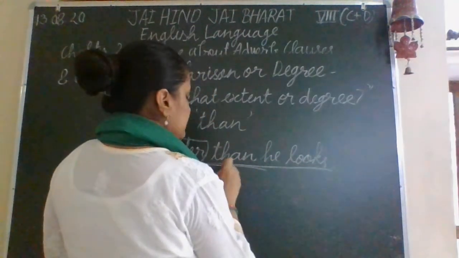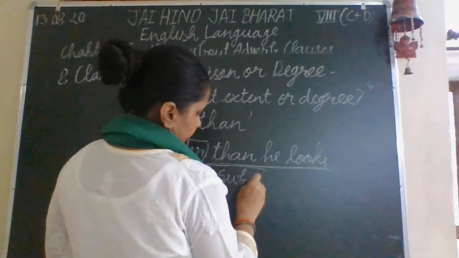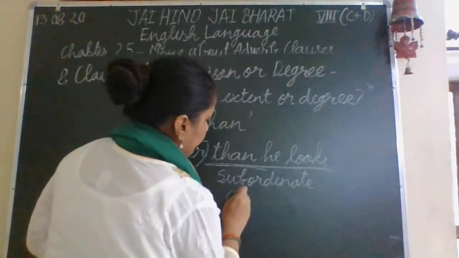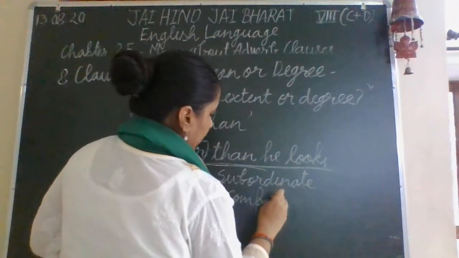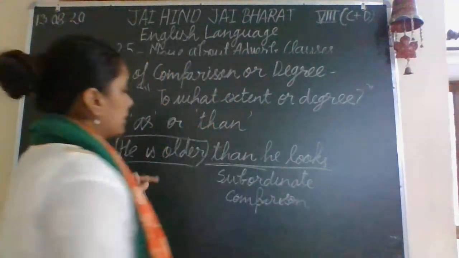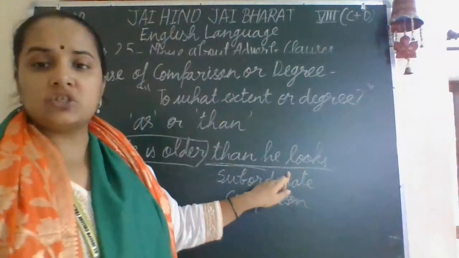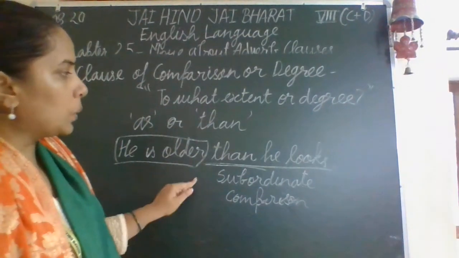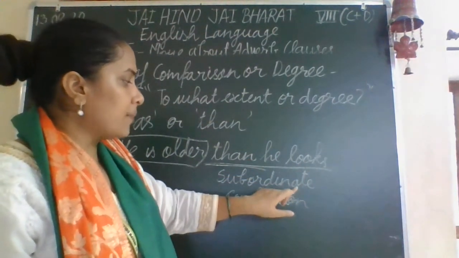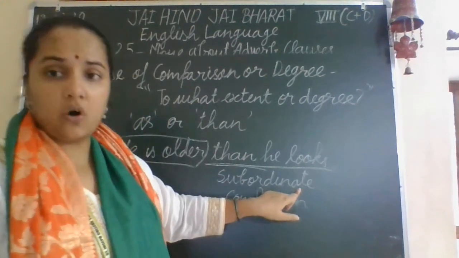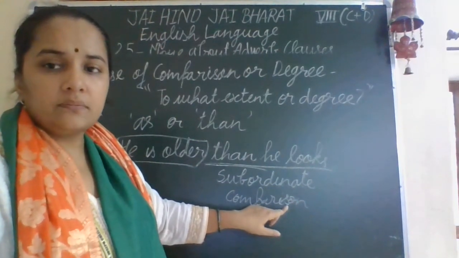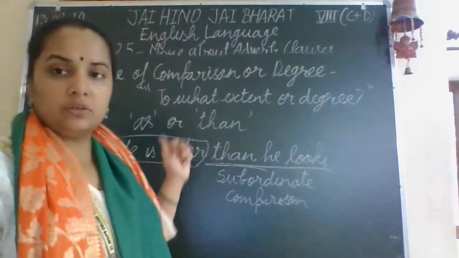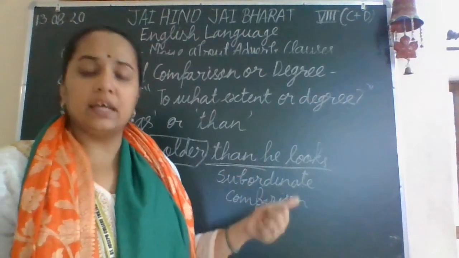This is the subordinate clause of comparison, because it is comparing the actual age to the age how he looks. So that is why he is older than he looks here. This is the subordinate clause. This is the adverb clause. And here, this is giving you the comparison between the two things, the actual age and the age at which he is looking like.